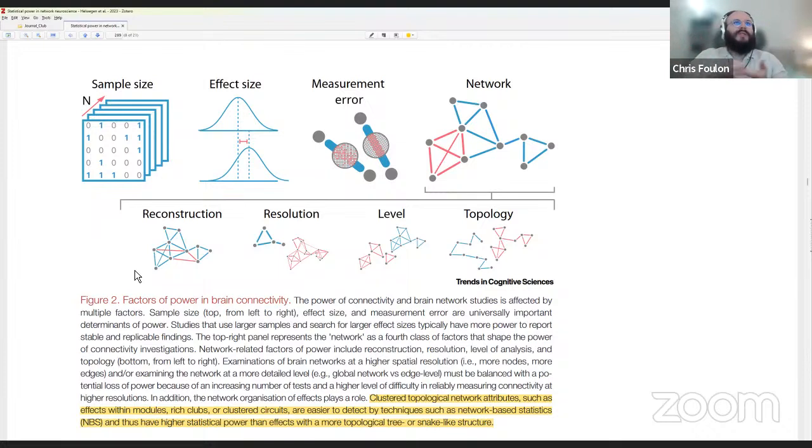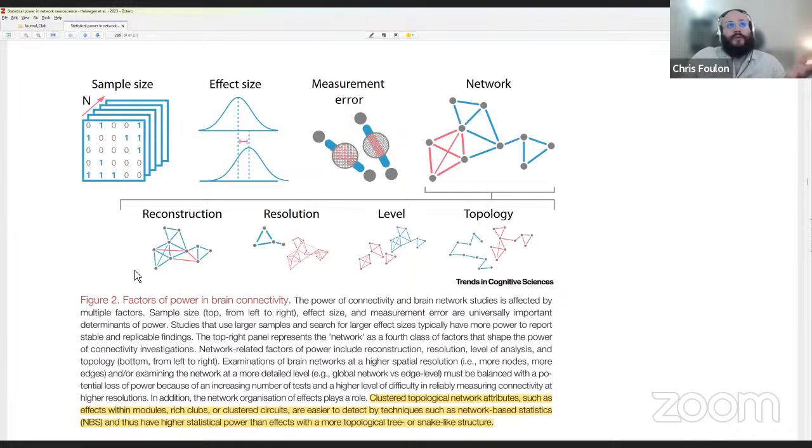But then we have to decide what type of network will represent the different regions of the brain that we are looking at. And often, especially in fMRI, we use a threshold.